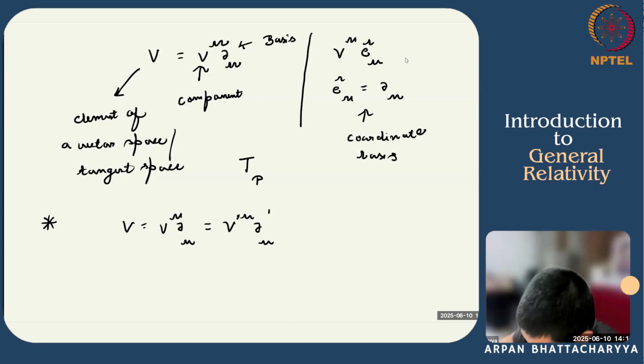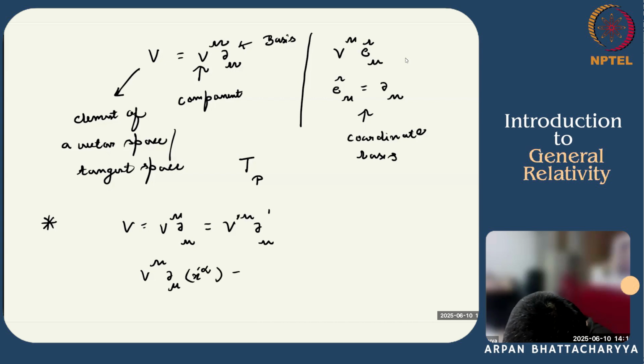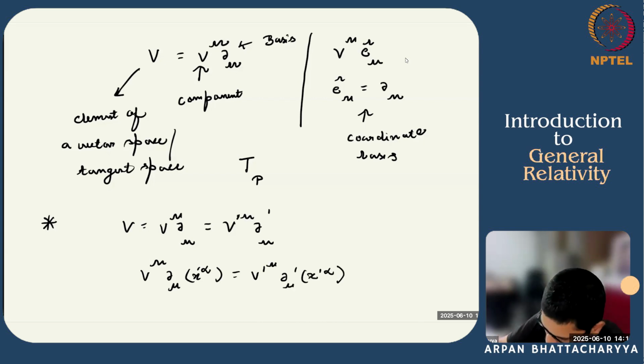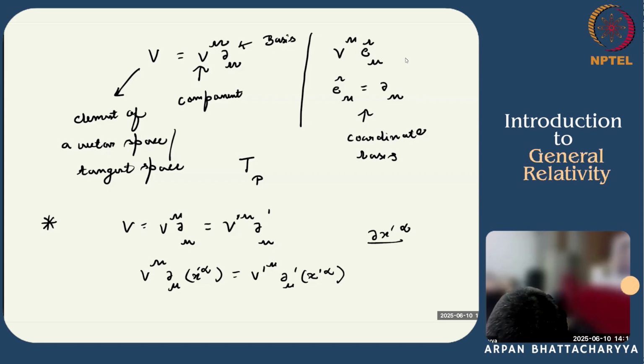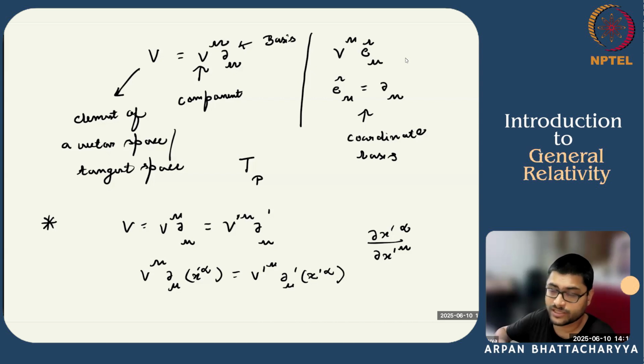Now act both sides on x prime alpha, and you will get this. Now what is this? This is nothing but del x prime alpha by del x prime mu, and this is what we just defined as the Kronecker delta.